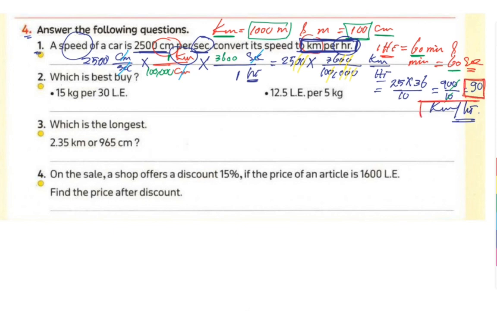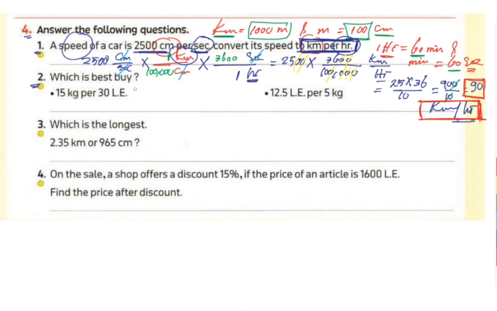Okay. Now I converted from centimeter per second to kilometer per hour, from 2500 to 90. That's it. Okay, next question.